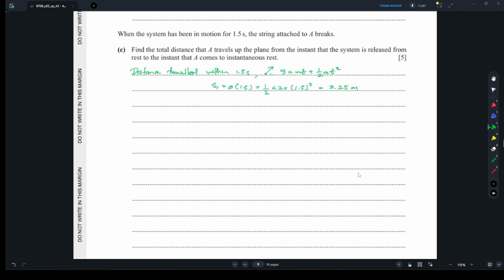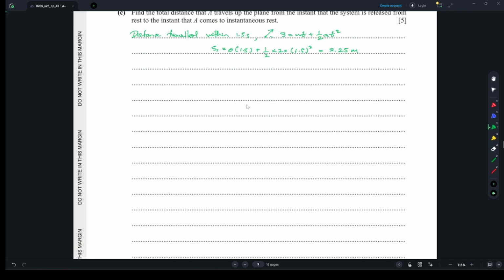Right. Now, after 1.5 seconds, the string breaks. So just before the string breaks, we should find the velocity, because then we don't have an acceleration provided by that string, right? So first we have to know the speed of A after 1.5 seconds.